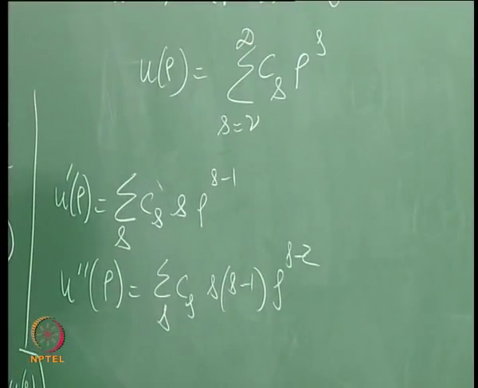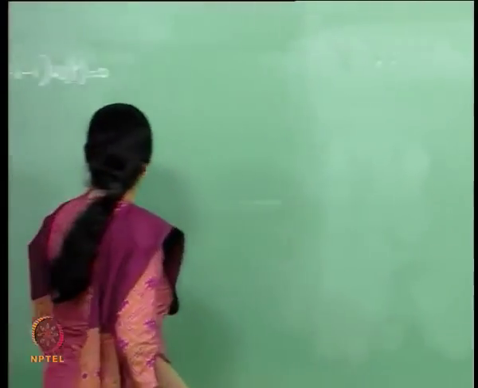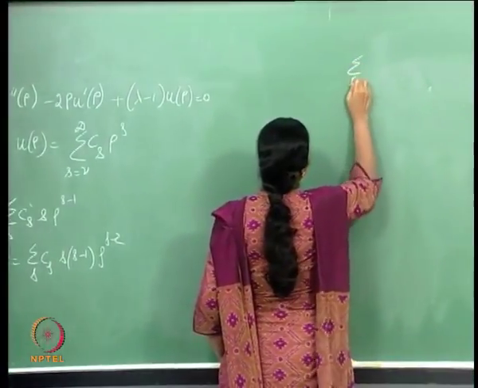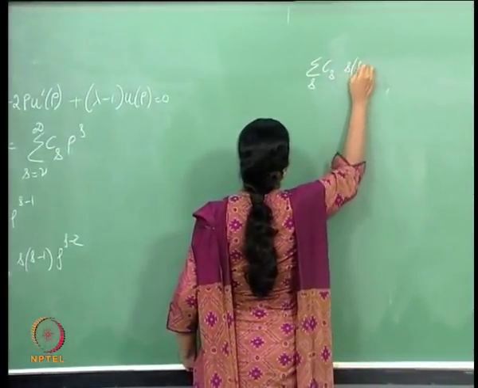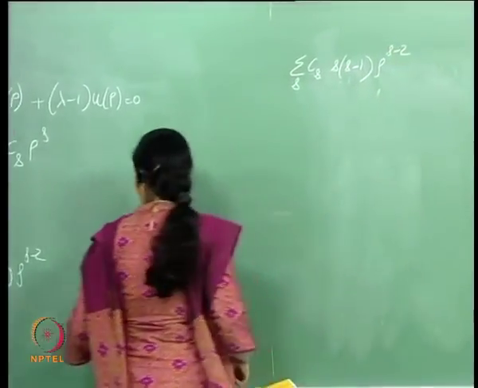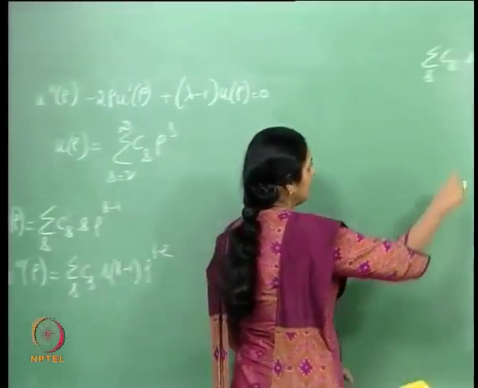Now substitute this. So when I substitute this back, I have summation over s Cs s times s minus 1 rho to the s minus 2. That is what I have for u double prime, minus 2 rho u prime.